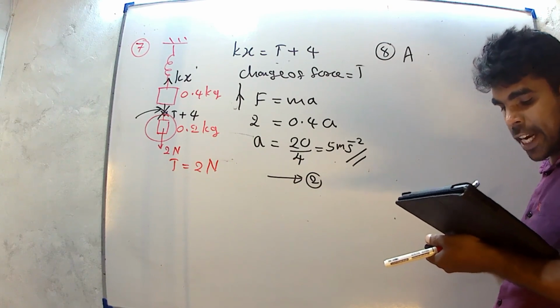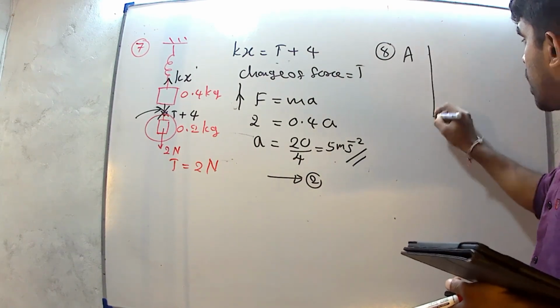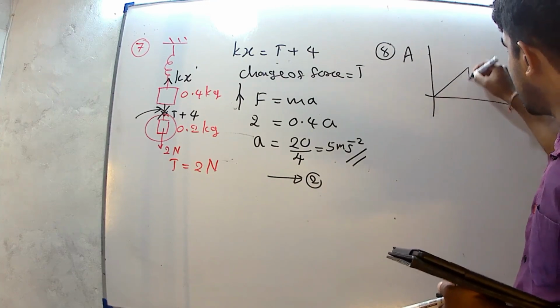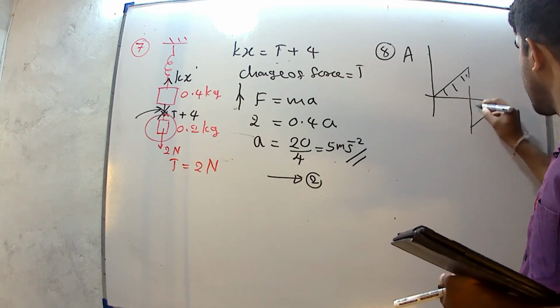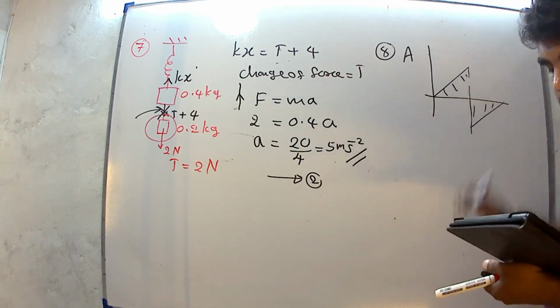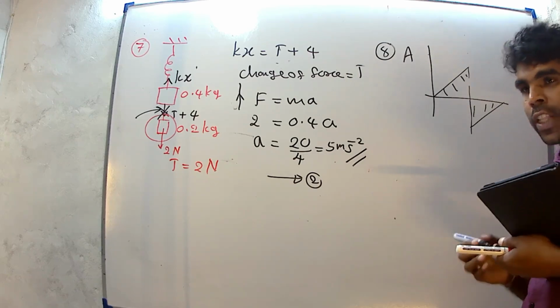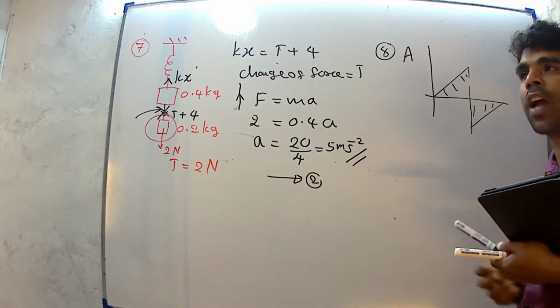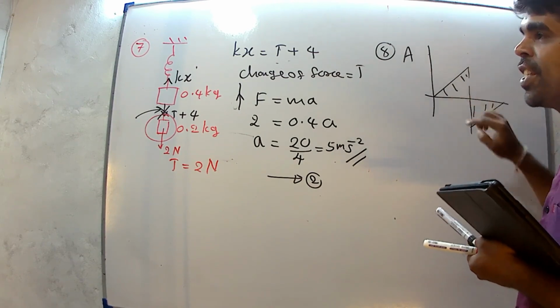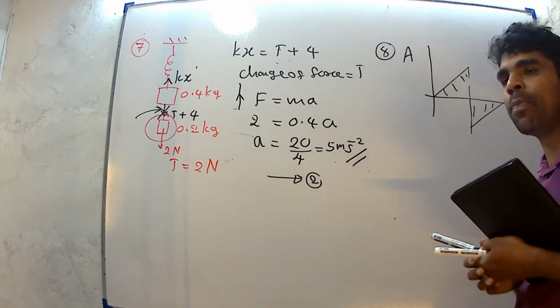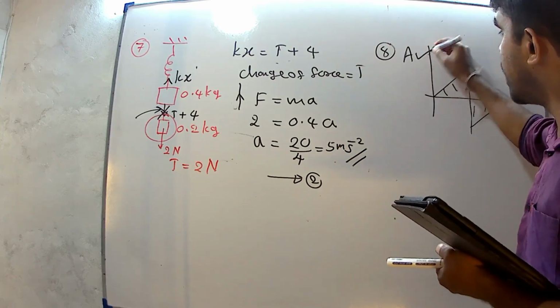Yes, when considering this area, it is equal to this area. We know that area of velocity time graph is representing displacement. Then the displacement for the plus direction equals the displacement for the minus direction. Then it returns to the initial position.